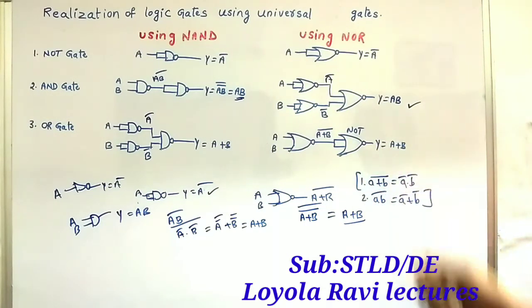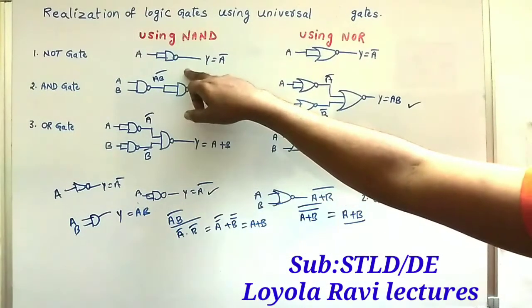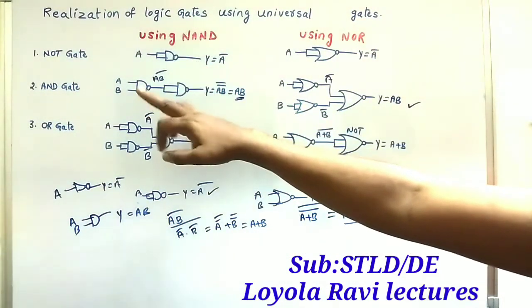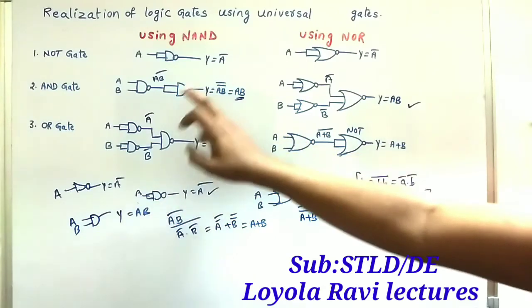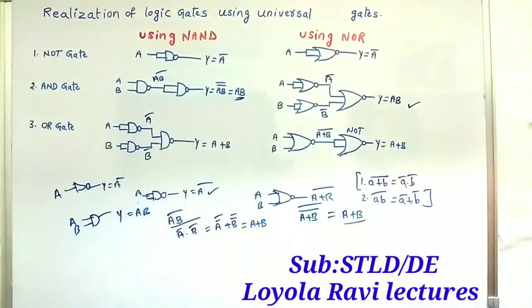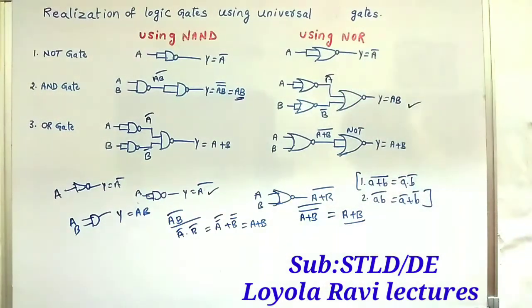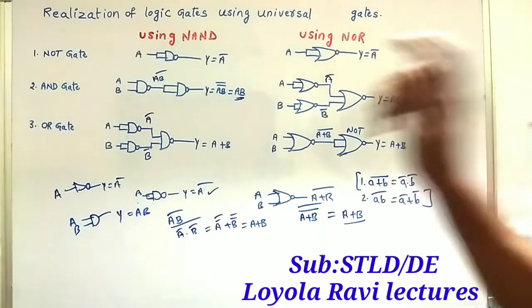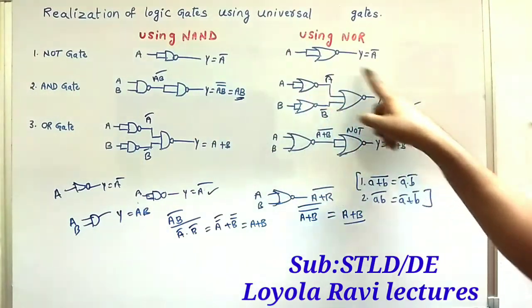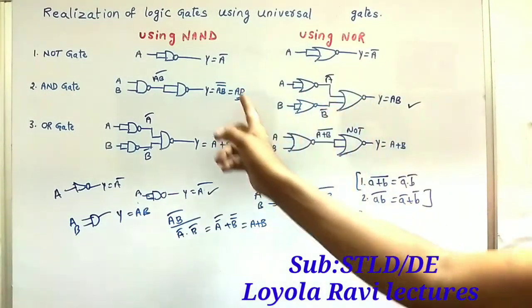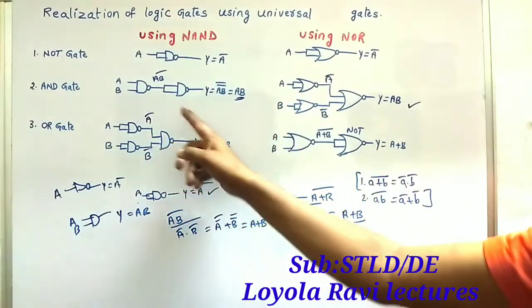The OR gate we are going to implement using 2 NOR gates. Remember that a NOT gate is a single NAND gate, AND is 2 NAND gates, and OR is 3 NAND gates. In the same manner, using NOR, NOT is a single gate, and AND is 3 NOR gates.